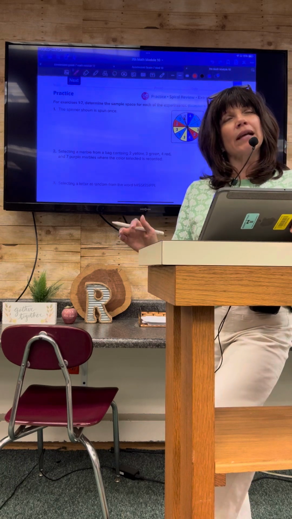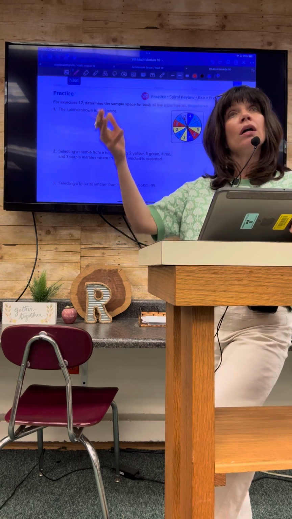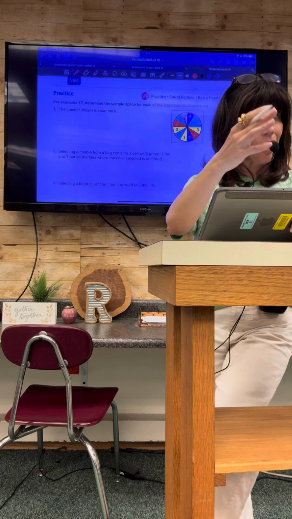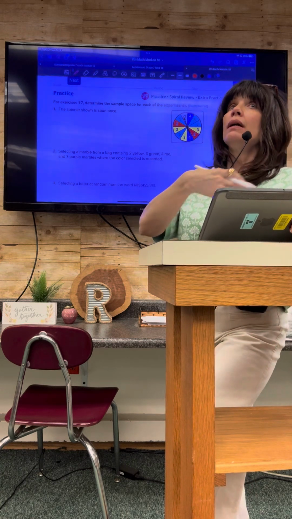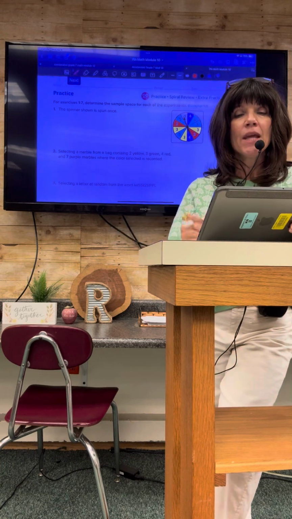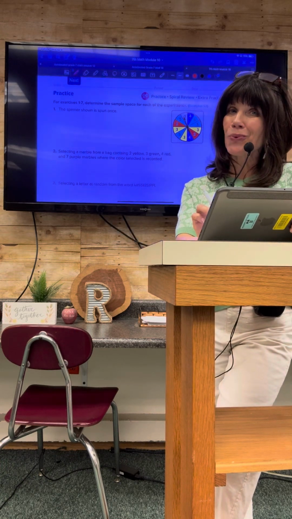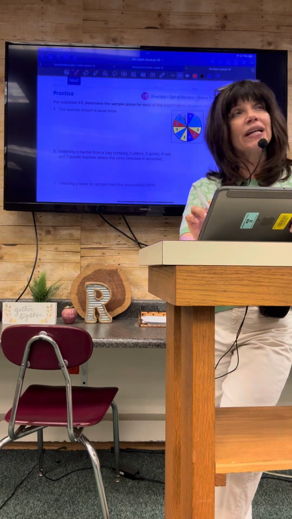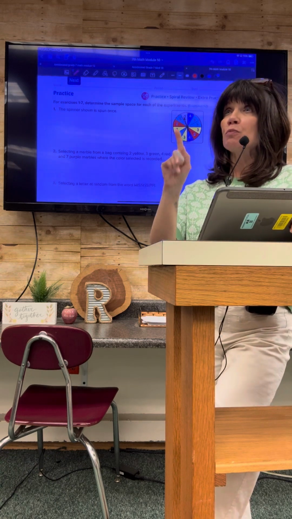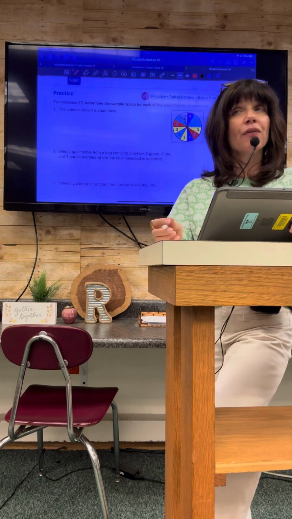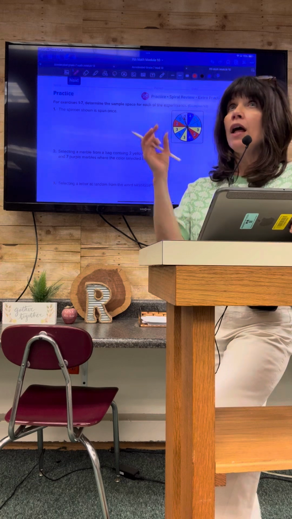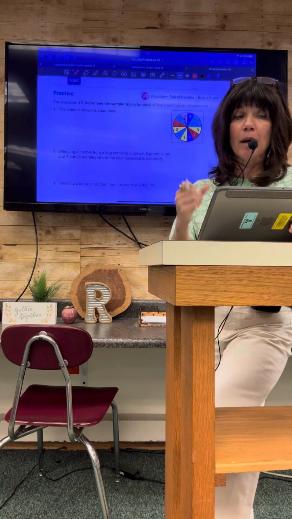What do all the possible outcomes make up? Our sample space. Excellent. So, for example, on item number 1, the spinner shown is spun once. On that spin, what are all the possible outcomes and therefore all the sample space?